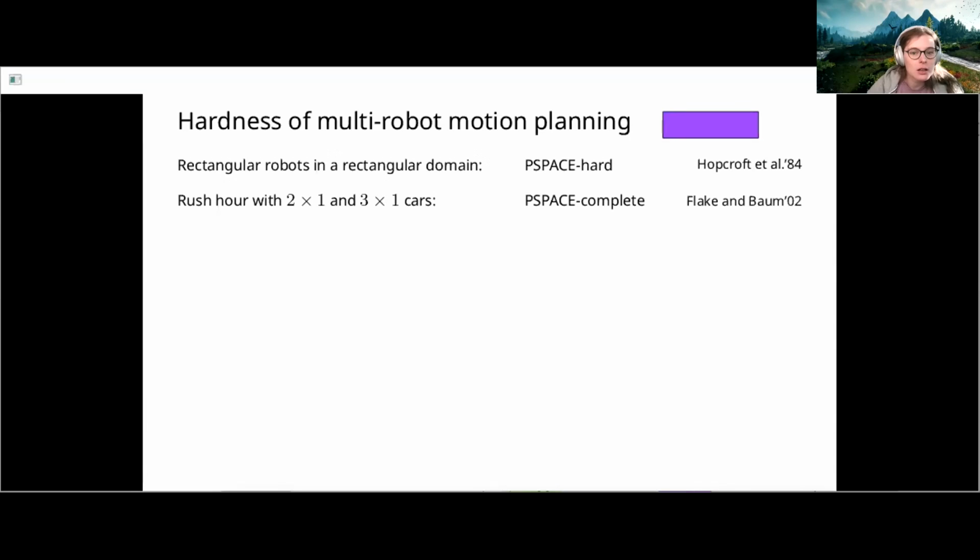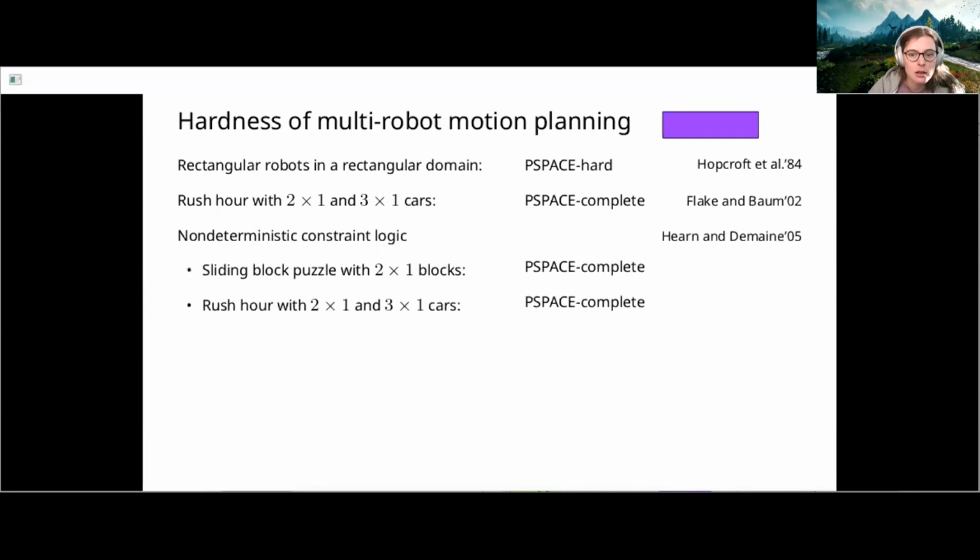Okay, so then rush hour is known to be PSPACE-complete for cars of size 2 and 3. And in 2005, Bob Hearn and Erik Demaine came up with this framework of proving a lot of different puzzle-like problems to be hard.